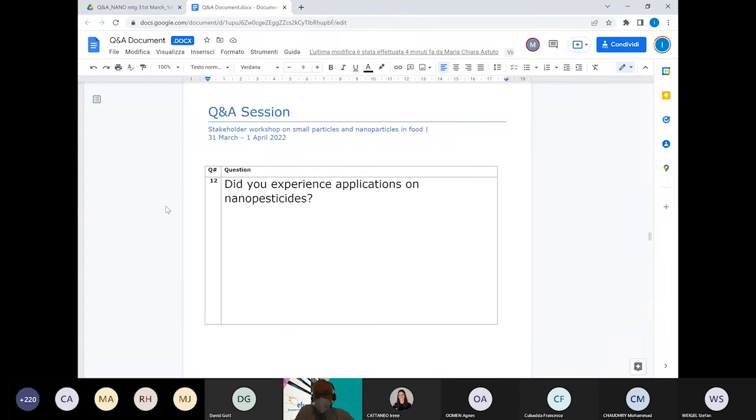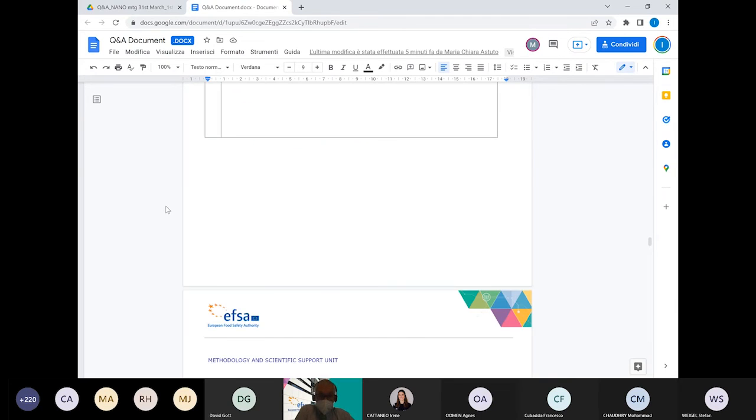But regarding the applications, what we expect in the area of nanopesticides are applications at member state level. So you will need to consult the authorization process on the web of the European Commission that compiles all the information on the plant protection products that have been authorized at member state level. Can we move to the next question?